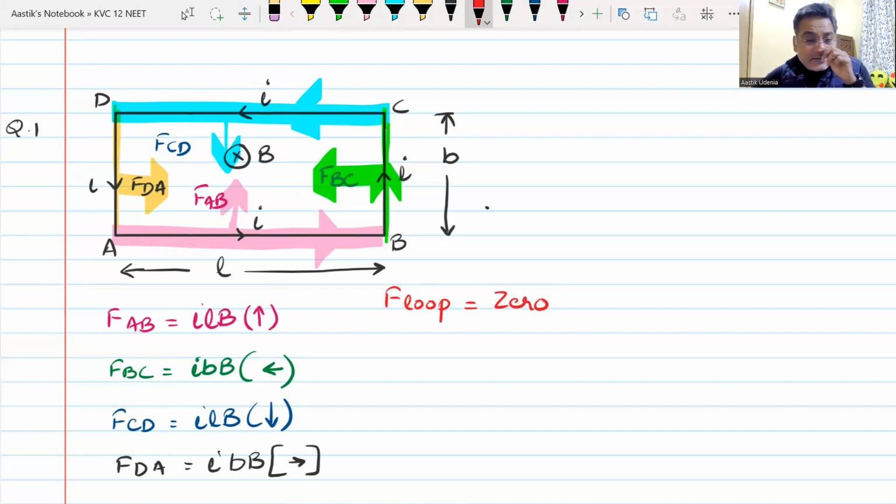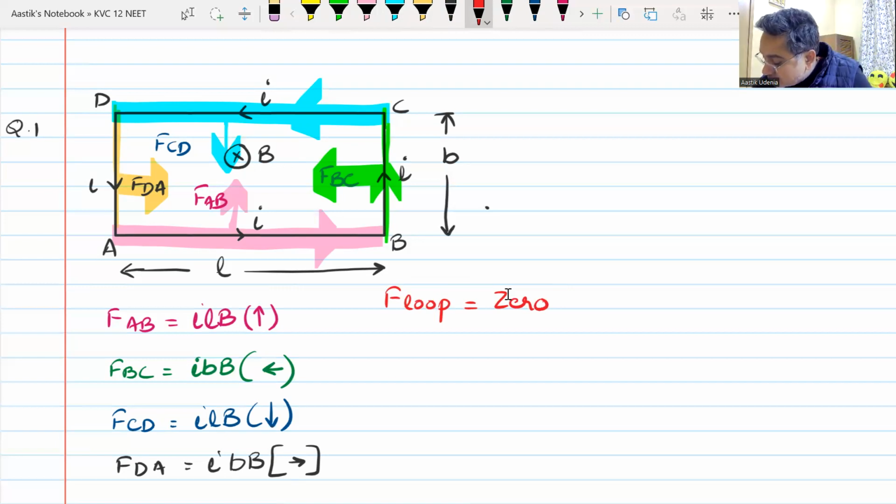Do we understand this? Yes or no? Now we have done this exercise for a very simple loop, but this is applicable for any type of loop. What is applicable? So you write this as an important note.